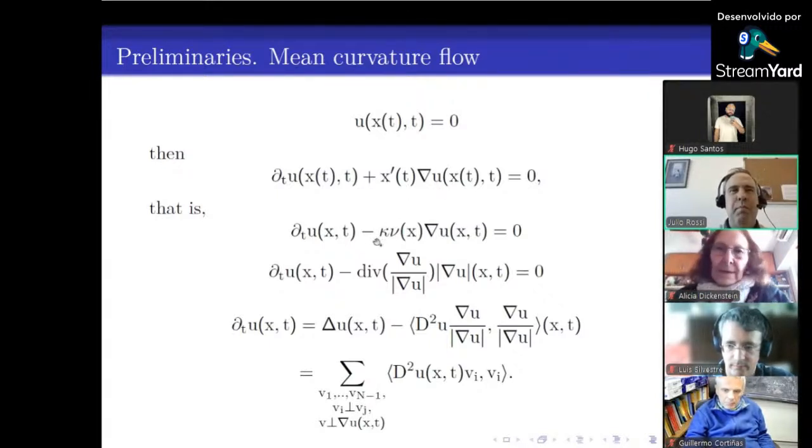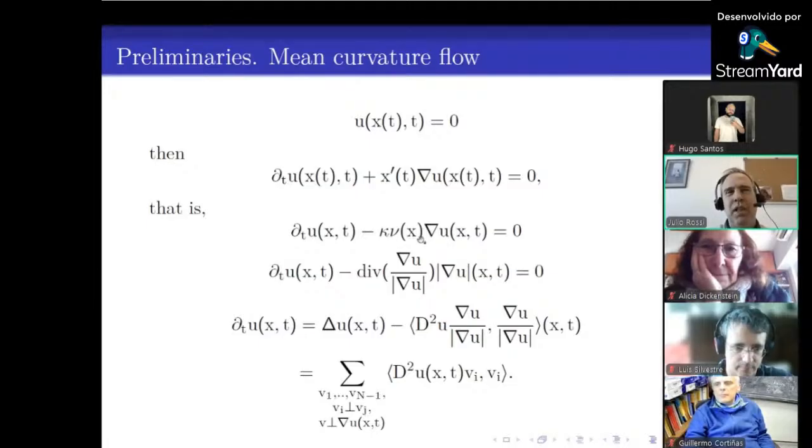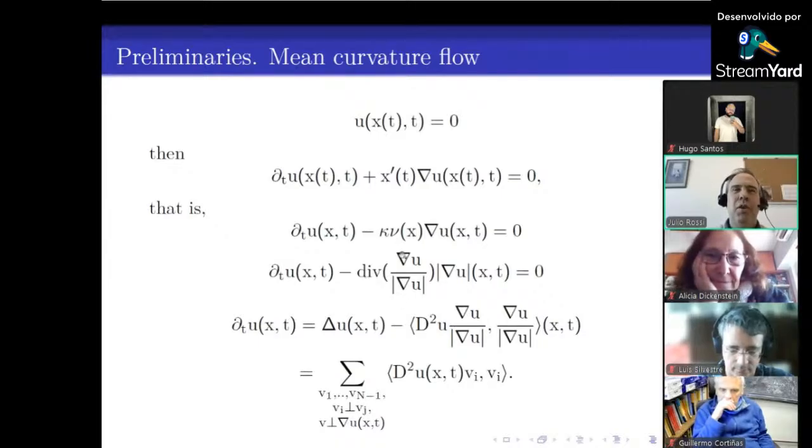x prime was minus the curvature times the normal. The normal is the gradient over the norm of the gradient. So this product gives you this one, and the curvature was the divergence of the normal vector.